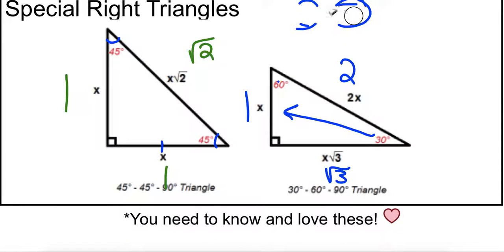So the side lengths of your 30, 60, 90 triangle are 1, 2, and root 3, or 1x, 2x, and x root 3. Because again, we could have any value we wanted. Like if this side had been 5, this would be twice as long, which is 10, and this one would be 5 root 3. But they keep these same proportions no matter what.